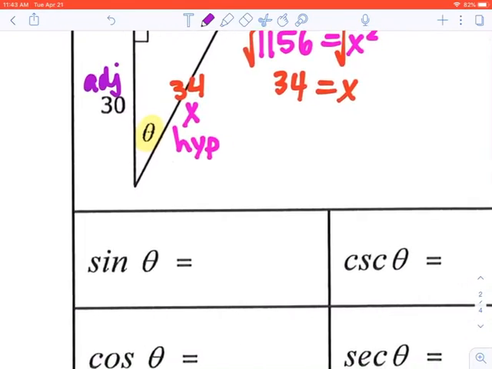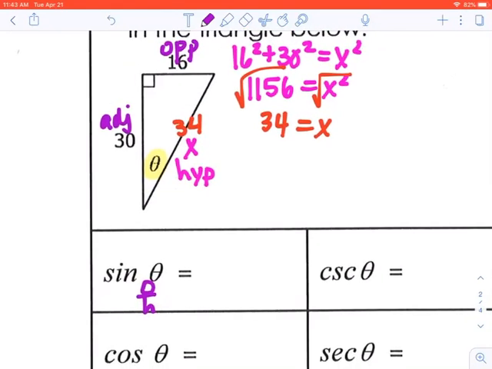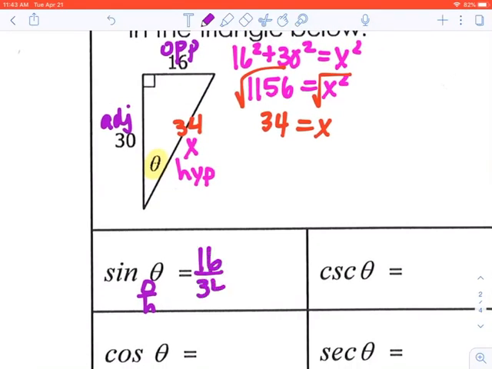So sine of theta, using our SOHCAHTOA, this is going to be opposite over hypotenuse. Our opposite is 16. Our hypotenuse is 34. And we always reduce our fractions, always. So I can reduce the top and bottom by 2, and we get 8 over 17.